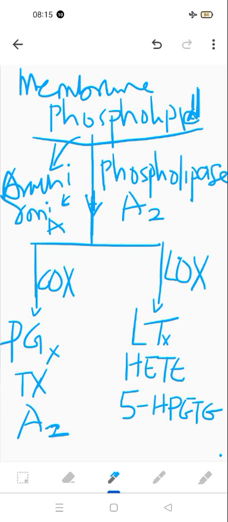After the release of free arachidonic acid, it can undergo two pathways. One is the cyclooxygenase pathway, which is catalyzed by the enzyme cyclooxygenase.